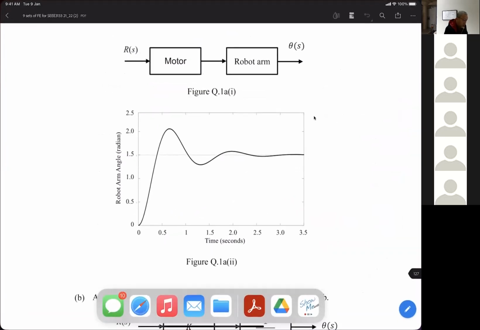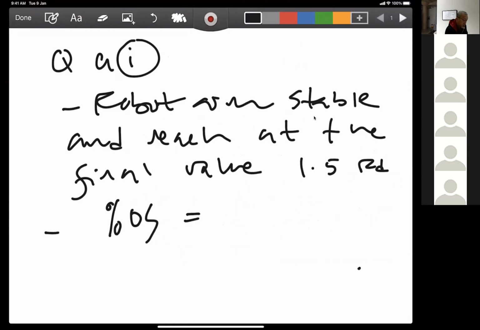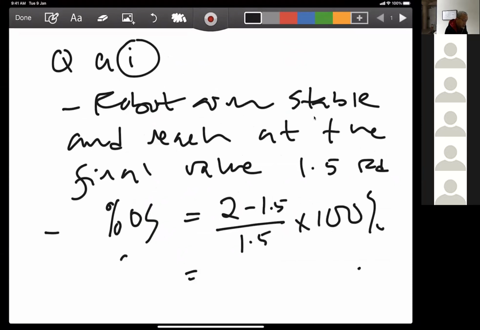So maximum 2, meaning that, how much is this? Somebody help? 33.3. Overshoot there.